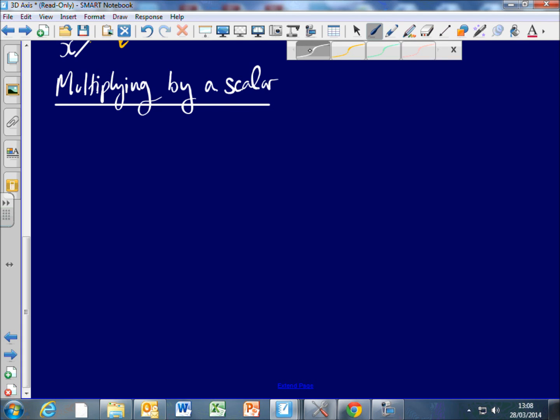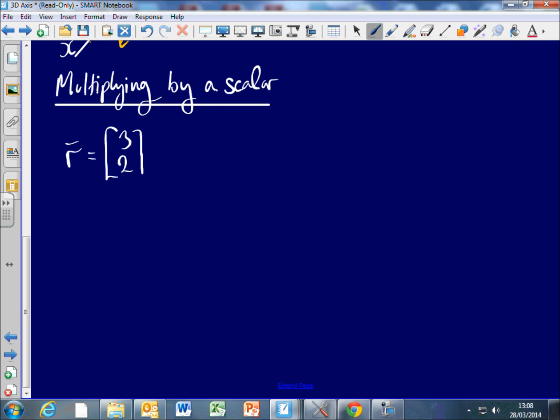Let's say I have some vector, I'll call this one R, is equal to, I don't know, (3, 2). If I want to multiply by a scalar, which is just a quantity with just size, so 2R, 2 lots of R, that's been multiplied by 2, would be 2 lots of (3, 2). And what I do is I just multiply the 3 by 2 and multiply the 2 by 2, so I get a vector (6, 4).